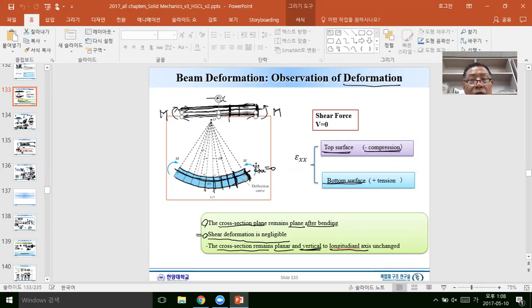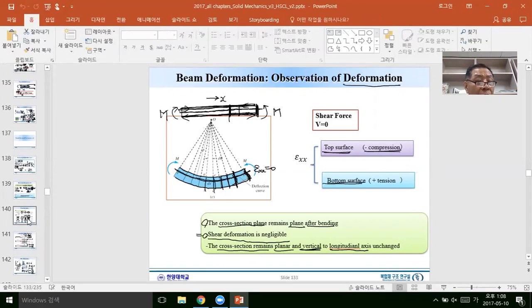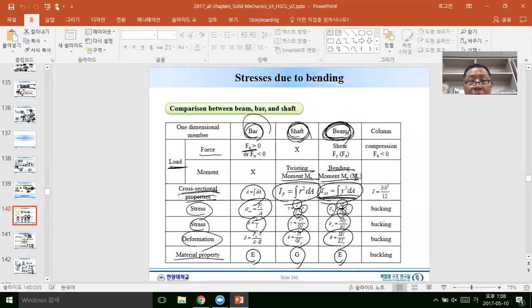So anyhow, once we apply the moment at the end, every cross section will have the same bending moment, the same moment as the moment we apply. So that's the bending moment.